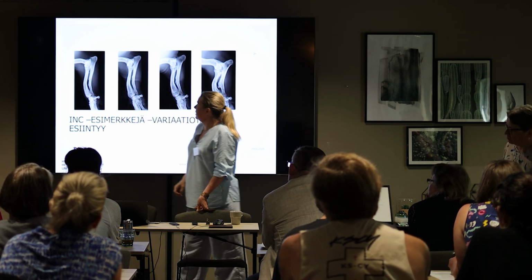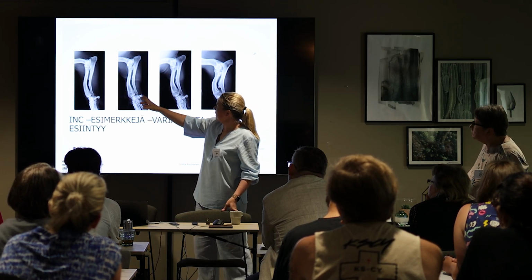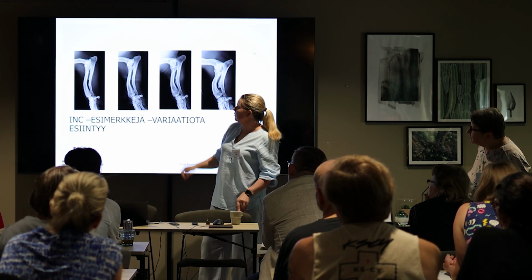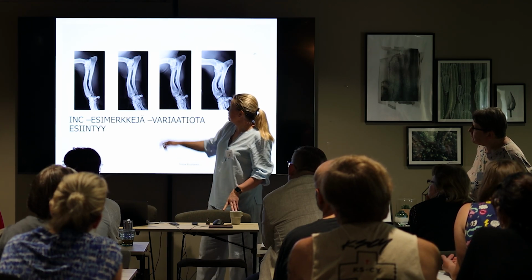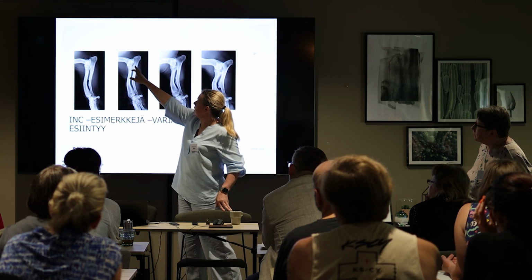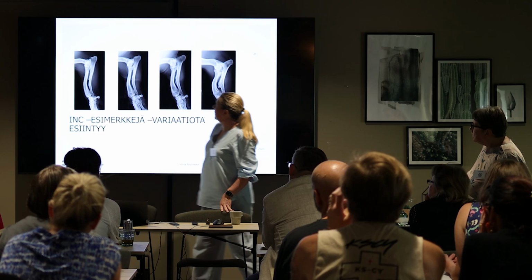Also the wrist is quite nice here, but this is a grade 1. Here we can already see that the wrist, this dog is also a little bit turning, but there is a little space between the humerus and ulna here, and the step between radius and ulna in the elbow.